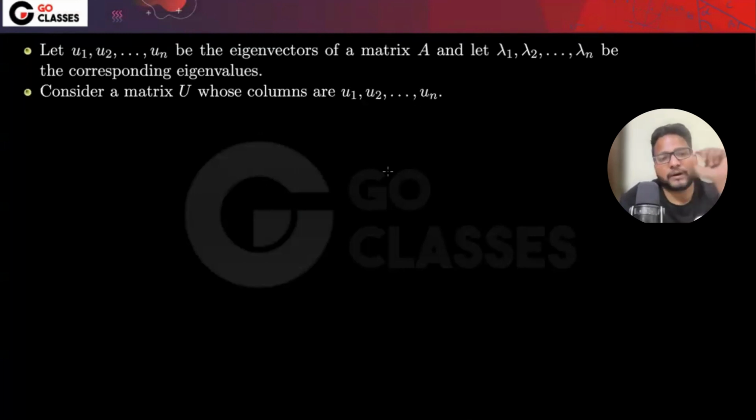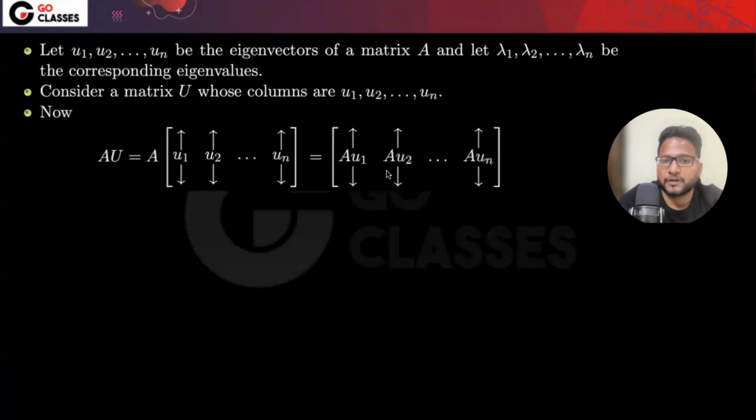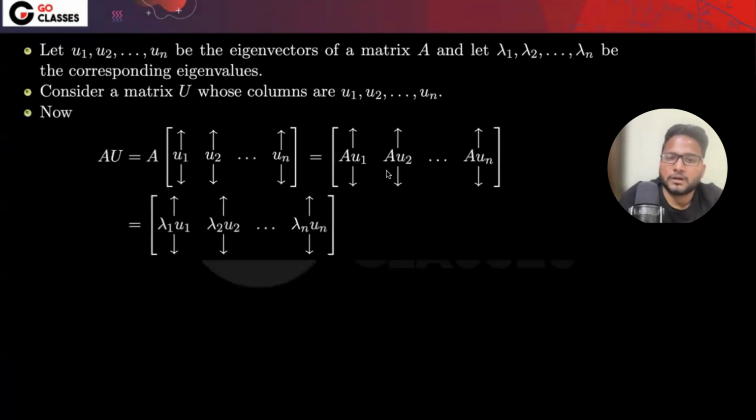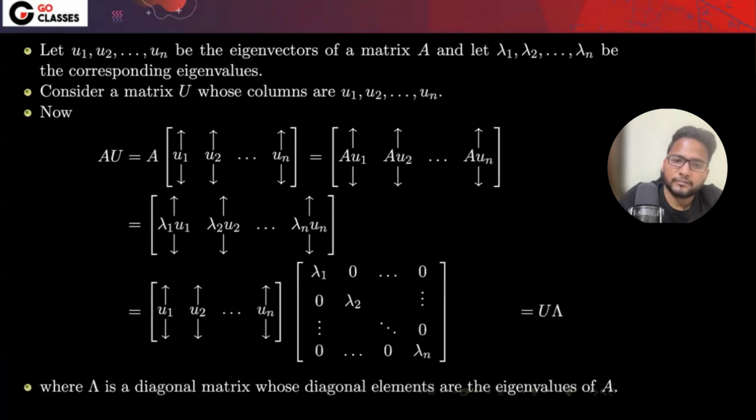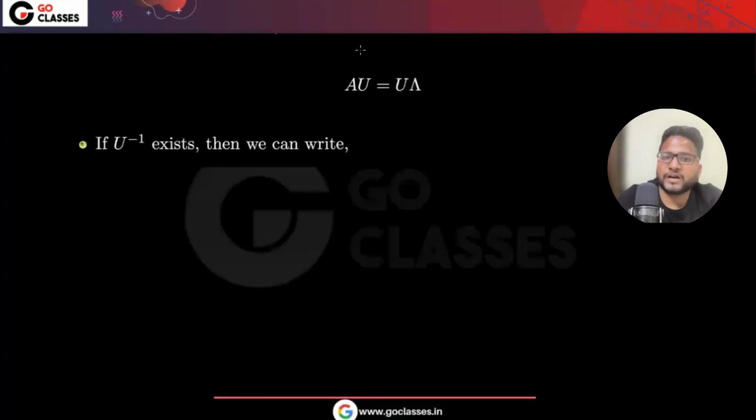Let's consider a matrix U whose columns are the eigenvectors. Is this fine to everyone? Then we can write it like this, and then like this. So in this process there was no assumption, right? So finally, we have this for all square matrices.